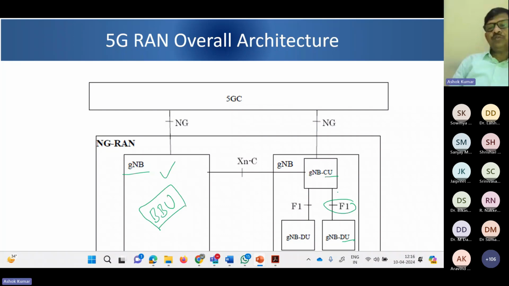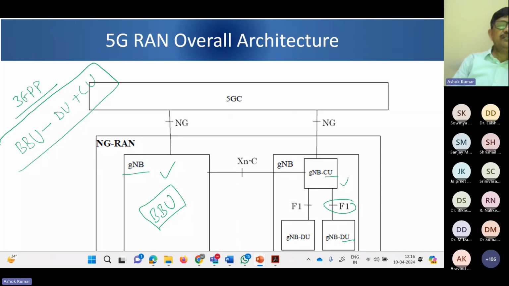It is also possible to connect multiple DUs to a single CU of a gNodeB. So basically in 3GPP, the BBU options are that either you have a monolithic gNodeB or you can divide it into DU plus CU. This is what is given by 3GPP, right?